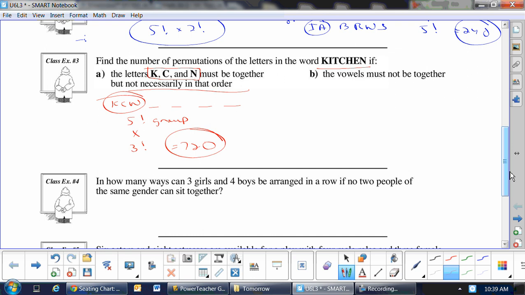Okay, so you're going 5 factorial. So you're saying there is 5 groups. But I and E cannot be together. Okay, tell me how you would set it up. It's good to think these through and know why they don't work. Okay.